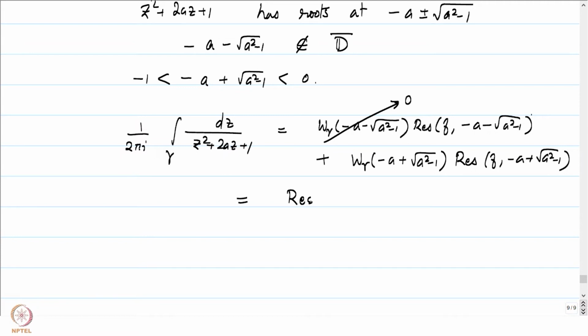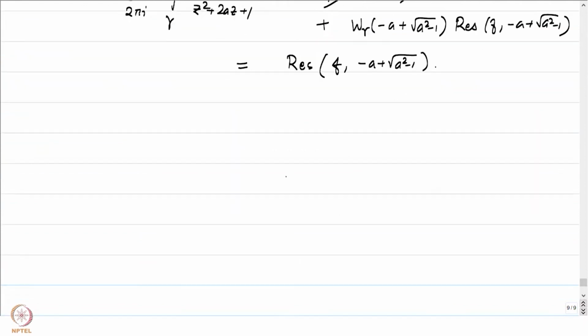Gamma, remember, is the unit circle, and therefore this is going to be the residue of the function f at the point at which we are looking at the residue, which is exactly this. To compute the residue, let's consider the function 1 by z square plus 2az plus 1.